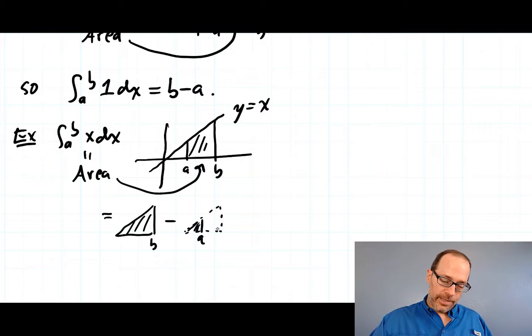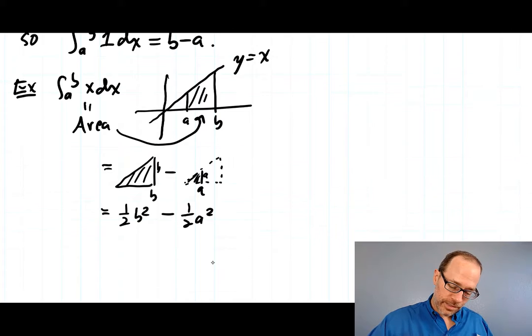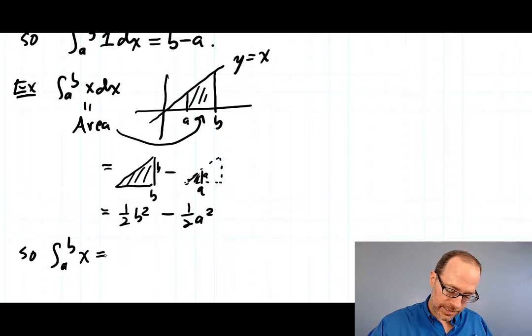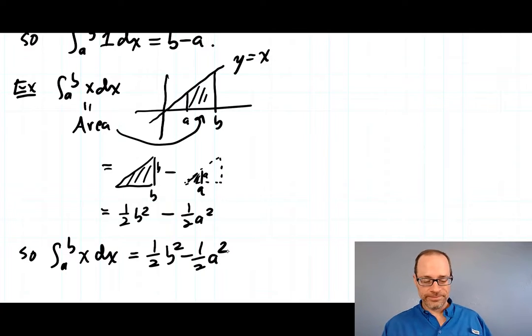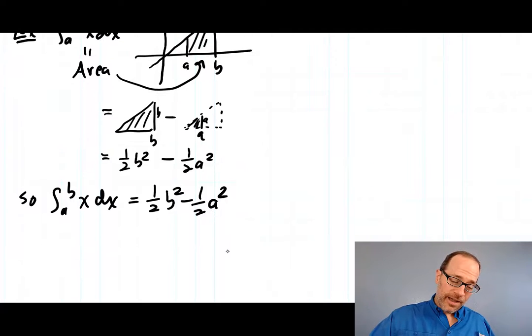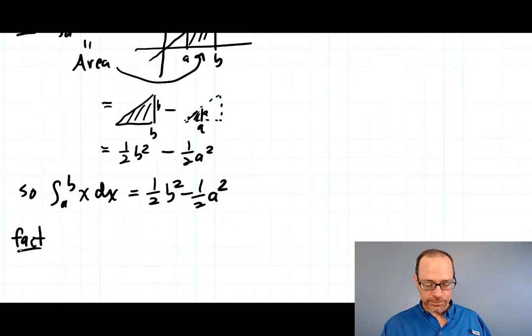Since it's a 45-degree line, the height is b here, the height is a there, so we get 1/2 b squared minus 1/2 a squared. So the integral from a to b of x dx is 1/2 b squared minus 1/2 a squared.